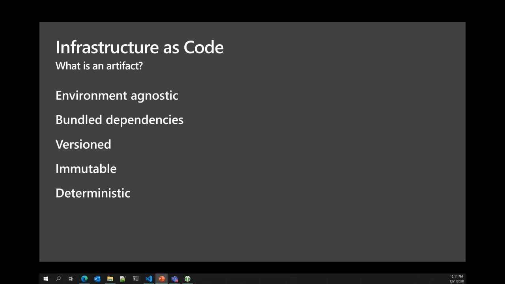In production, you're going to run 3 VMs, but in development, you only want to run 1 because you don't really need 3. Invariably, somebody will write the statement: if environment equals production, create 3 VMs, and if environment equals development, create only 1 VM.